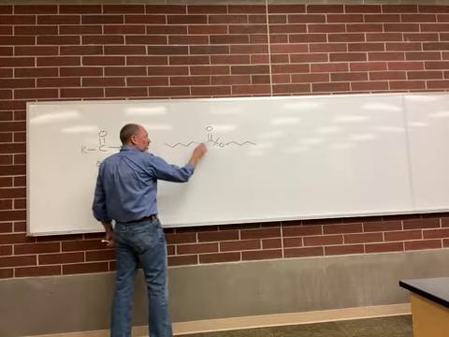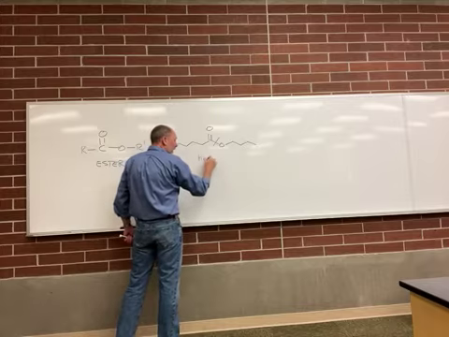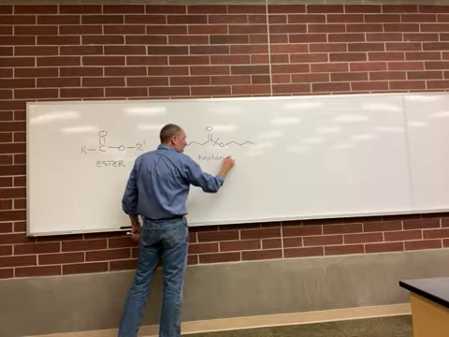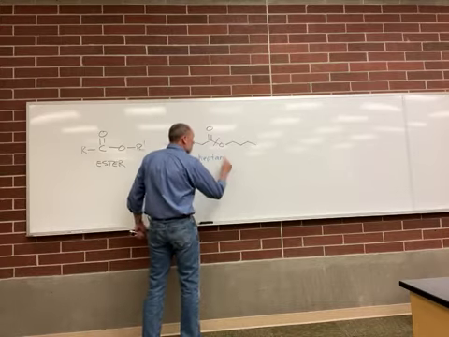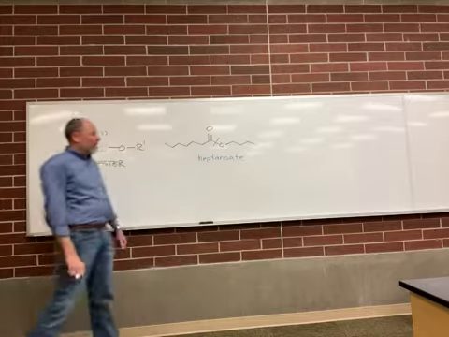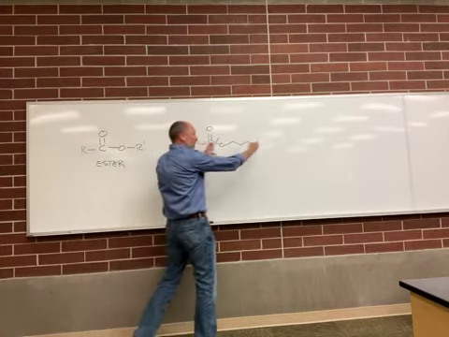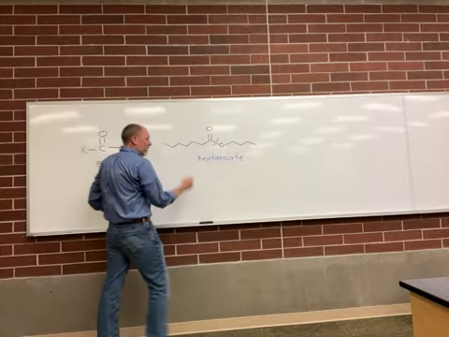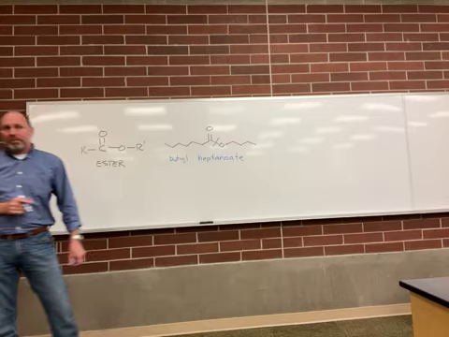So this has 1, 2, 3, 4, 5, 6, 7. So that's going to be heptanoate. Okay, heptanoate. So this is all named with the word heptanoate. What type of heptanoate? Oh, I have a butyl heptanoate. So it's a butyl heptanoate, right?